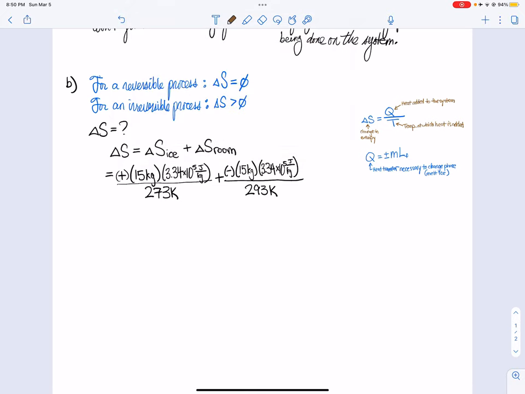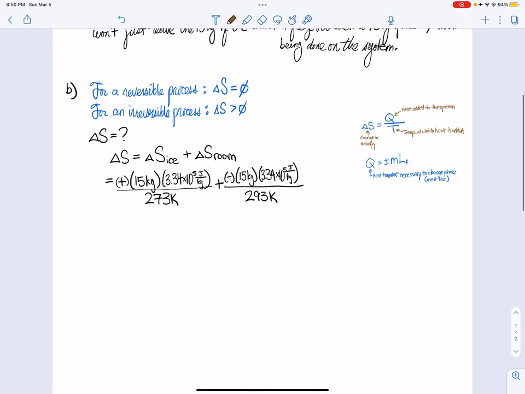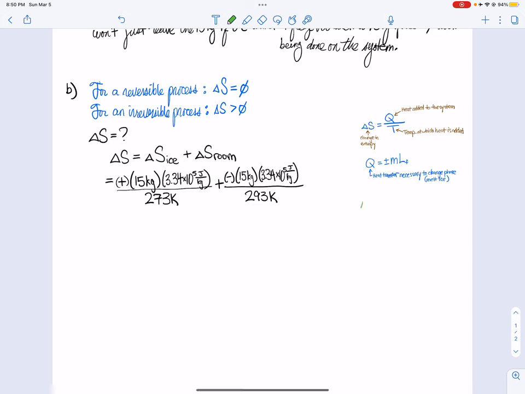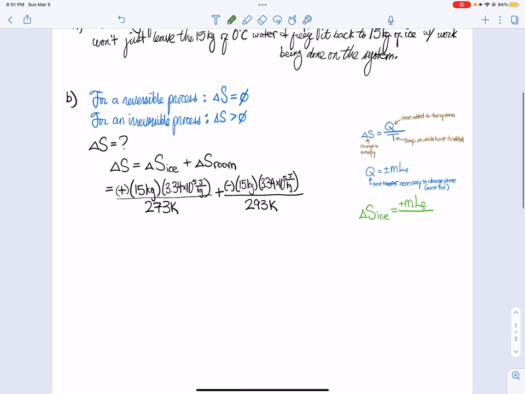If you're wondering where these came from, I'm using this equation right here: delta S is equal to Q over T. Basically delta S ice is equal to plus the mass of the block of ice times the latent heat of fusion, which we use for water, to transition water from a solid to a liquid or a liquid to a solid, divided by the temperature of the ice.